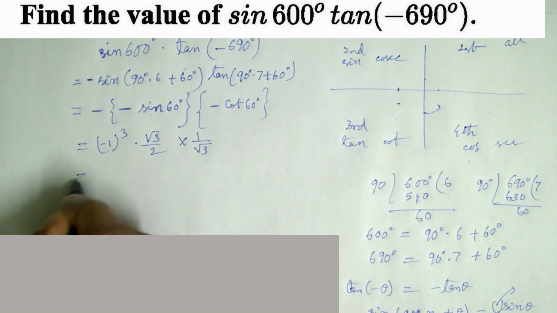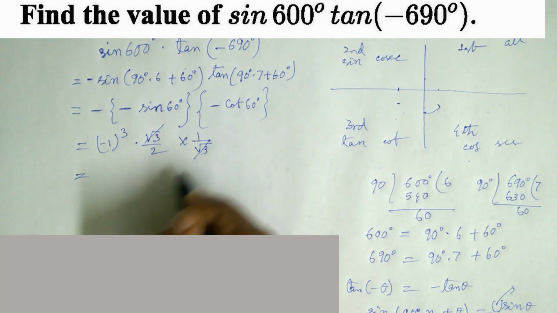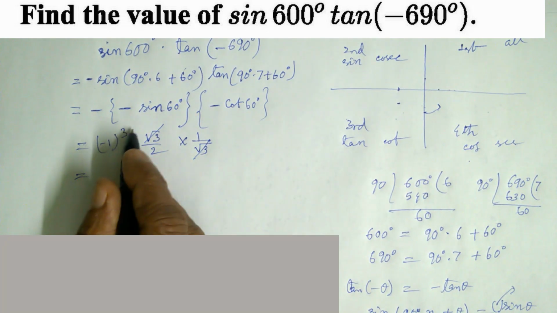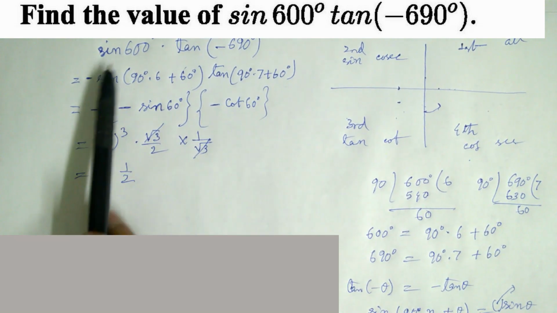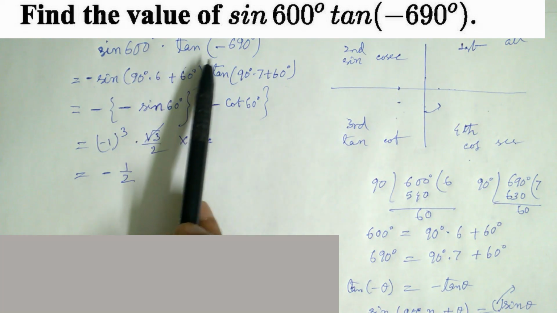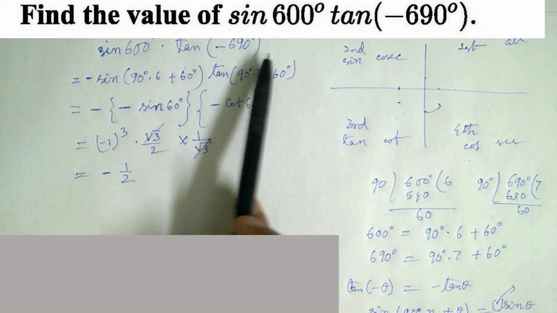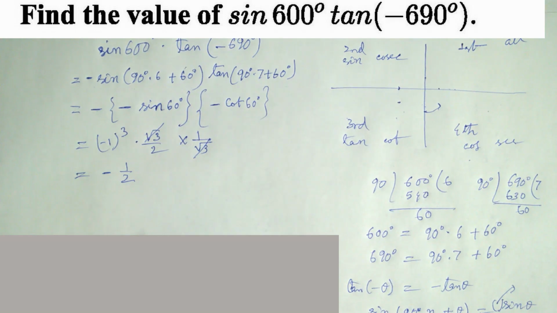Now root 3 will get cancelled, minus 1 whole to the power odd number gives minus 1 by 2 as the answer. So the value of sin 600 degree into tan of minus 690 degree is equal to minus half.